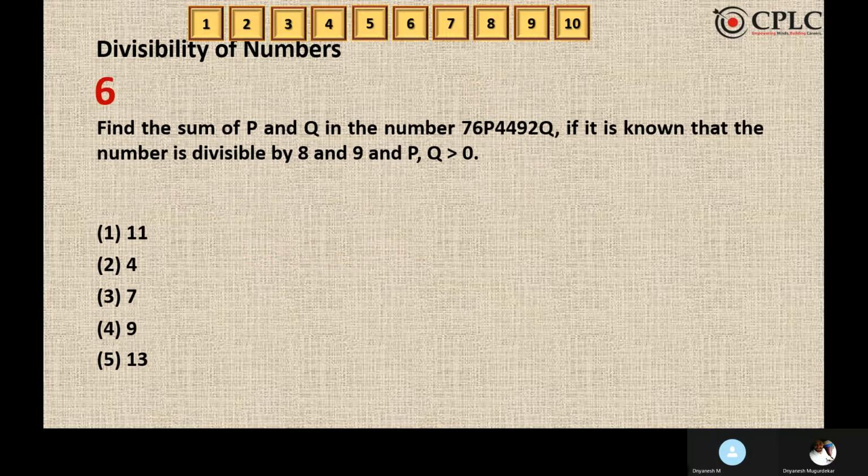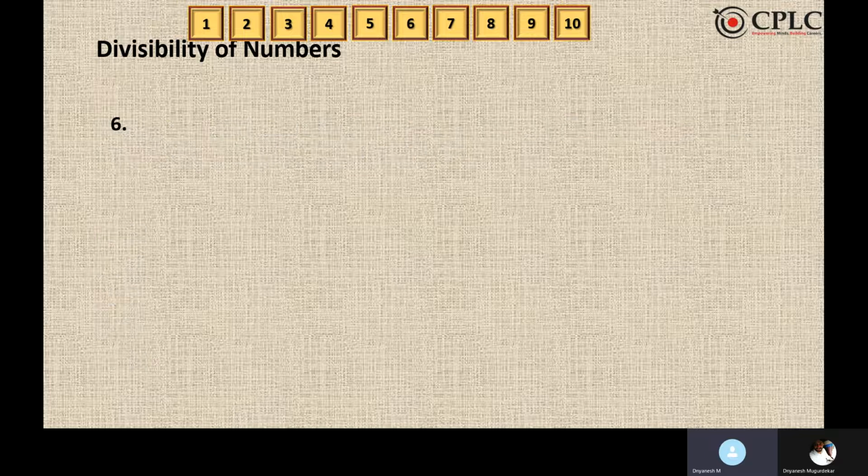Sixth one, find the sum of P and Q in the given number. It is also known that the number is divisible by 8 and 9 and P and Q both are greater than 0. So you have to use the divisibility of 8 and 9 here to get the answer. You start with divisibility of 8 first. Divisibility of 8 says the last three digits have to be divisible by 8.